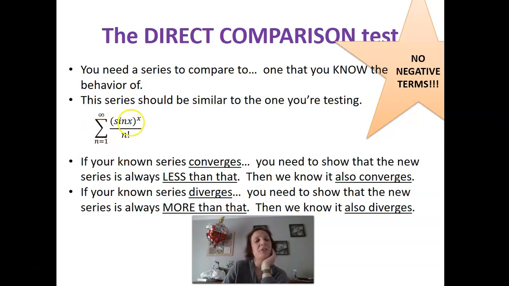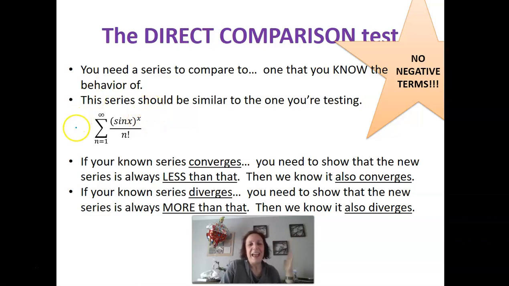So for direct comparison, I need to find a series that's similar to this. Here's my strategy. When I look at a series and I need to come up with something to compare it to, I think back to when we did limits as x approaches infinity, and we would start saying like, +5, who cares? Oh, this sine, what's that ever going to be? A 1? Who cares?